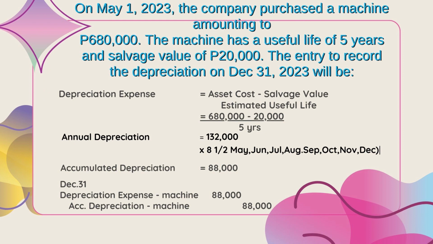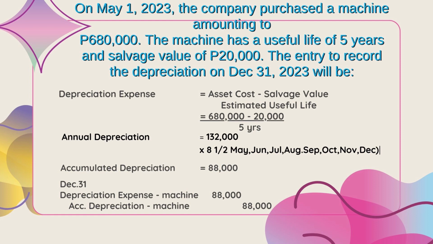Since the annual depreciation is for 1 year and the months it was used is only 8 months, so you have to divide it by 12 months. That is why the answer of accumulated depreciation is 88,000.